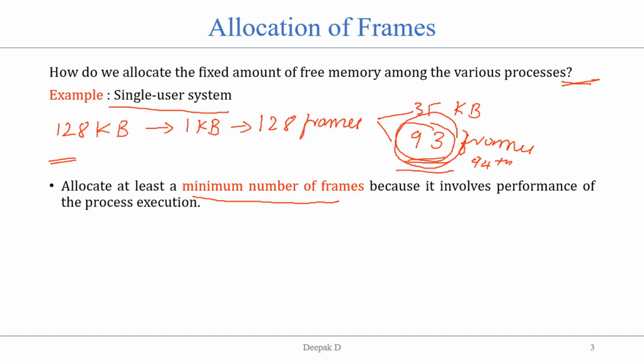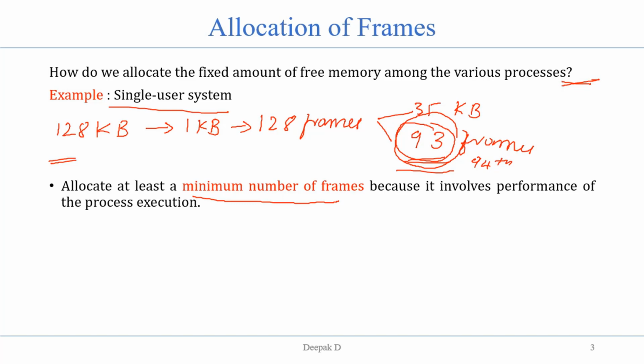Second, remember that whenever a page fault occurs before an instruction completes its execution, that instruction has to be restarted. So whenever you allocate frames to a process, you should have enough frames to hold all the different pages that a single instruction can reference.